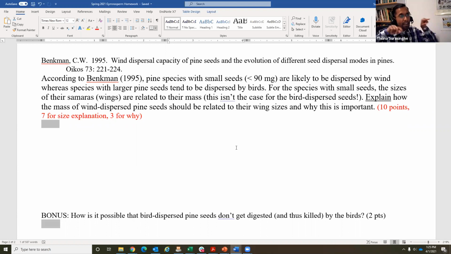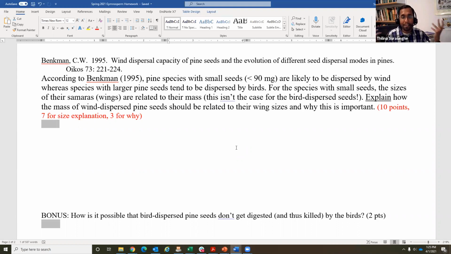The wing evolution is an adaptive feature for larger seeds to be carried further away. But does it make sense for a smaller seed to have larger wings? No, the seed is small itself. It can be carried by wind on its own and does not require large wings. Large wings would add more weight.